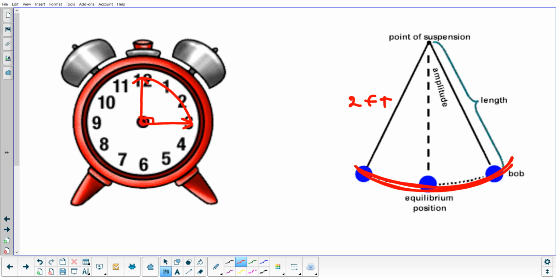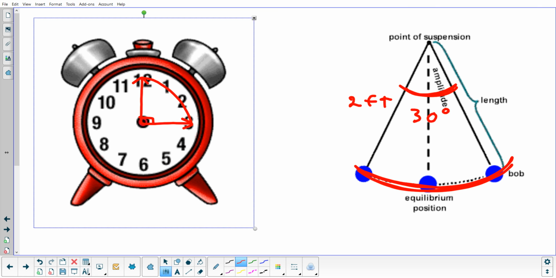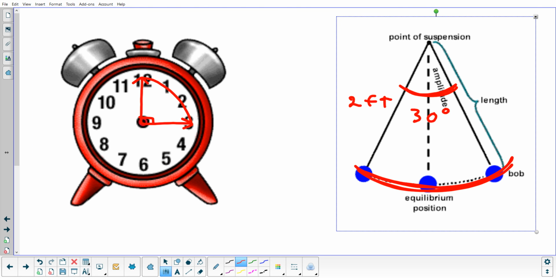Because if the pendulum went all the way around, it would make a circle. Right? And the circle would be the radius of the pendulum. So they'll give you an example like a pendulum is swinging through an angle of maybe 30 degrees back and forth. So if the pendulum is swinging 30 degrees, you can find the length of the path of the pendulum using your arc length formula. But that's a couple hints on 2 of the problems in the homework tonight.